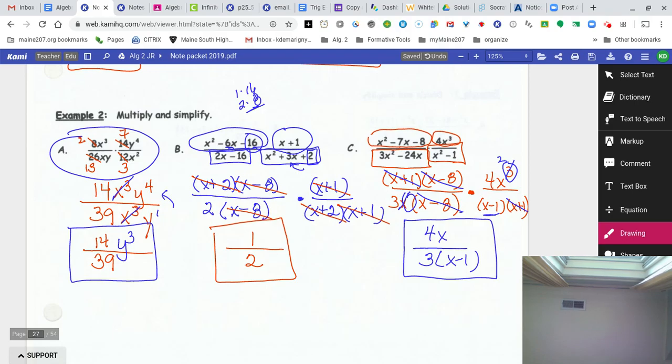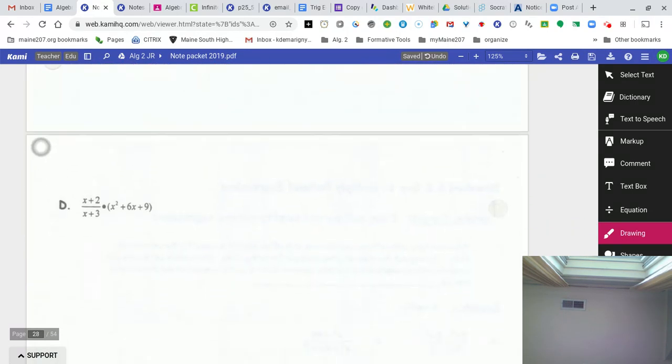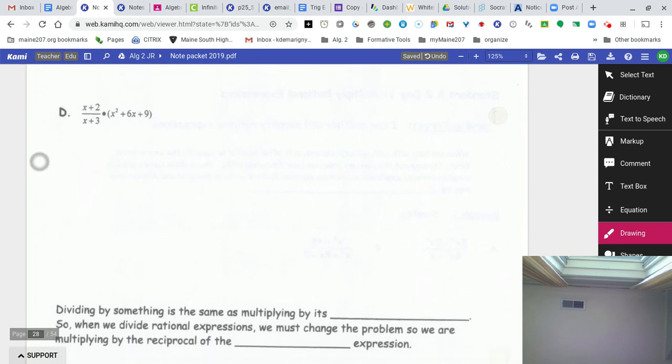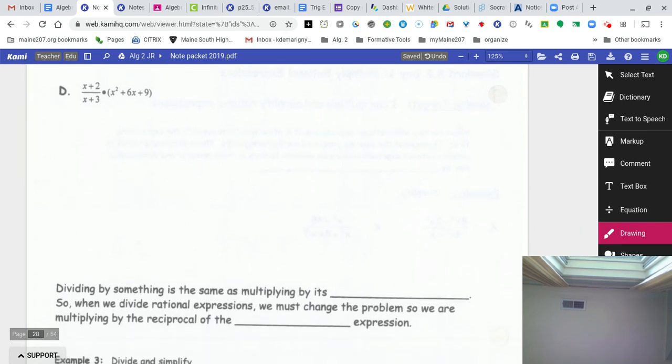All right, we've taken a look at the multiply. There's one more on the other side that's just a little bit different type of multiplication problem, but it's still a multiplication. First part, this x plus 2 over the x plus 3, there was nothing to factor. However, the second part, there is.